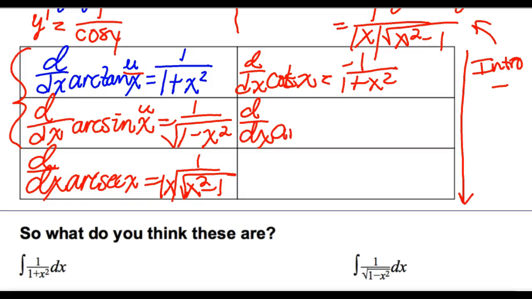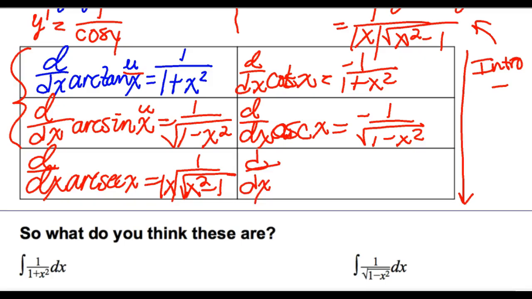So what am I on here? The derivative of arccosine x would be negative 1 over the square root of 1 minus x squared. And the last one would be the derivative with respect to x of arccosecant.